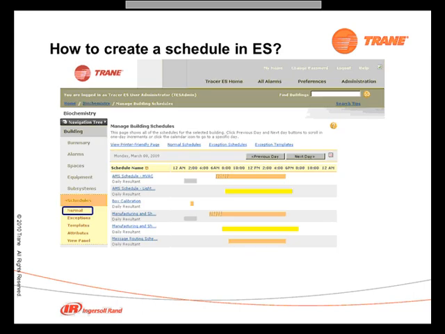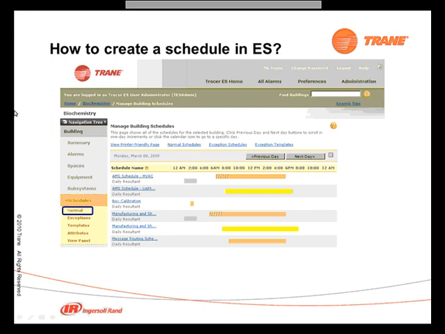And again, you're going to see, as we had three options before in Tracer Summit, now we have only the normal option. In this case here, we can create a normal schedule.